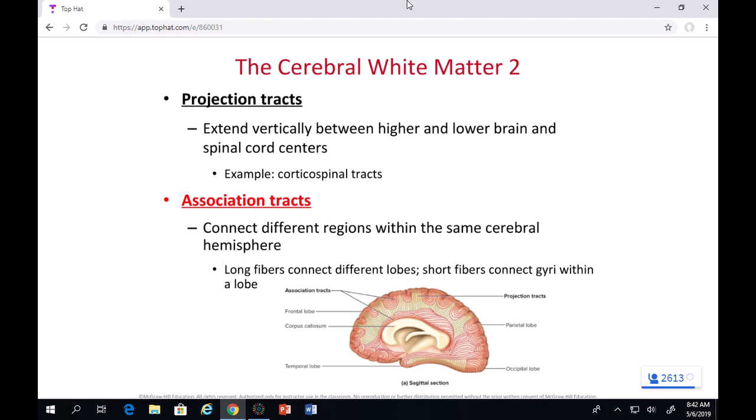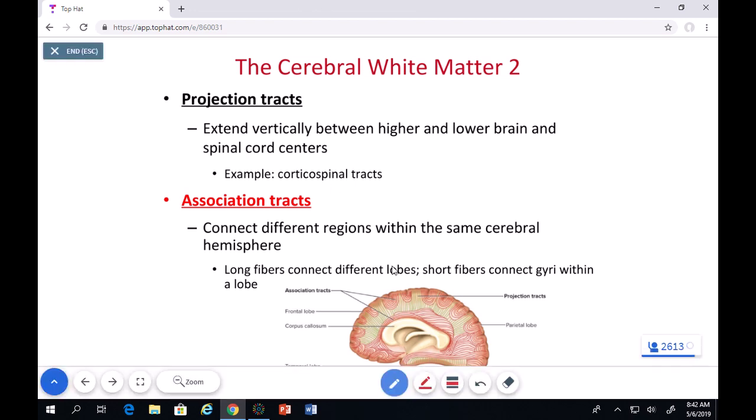When we look at a projection tract, that's going to be a tract that goes between our higher and lower brain functions. So these projection tracts are going to go from the surface of the cerebrum down typically to the spinal cord. These are going to be tracts that all head through the thalamus down to the spinal cord.